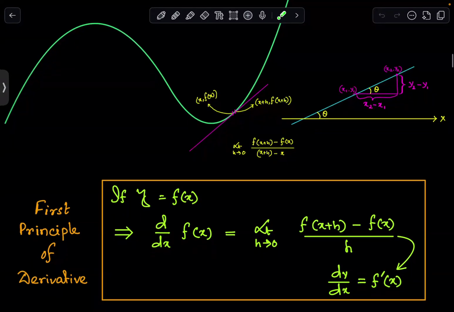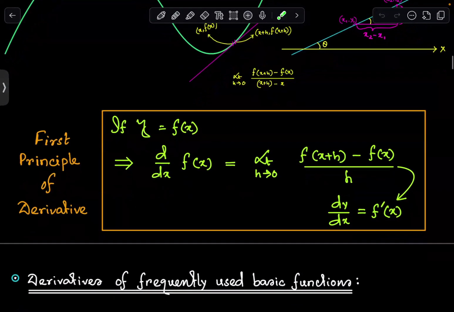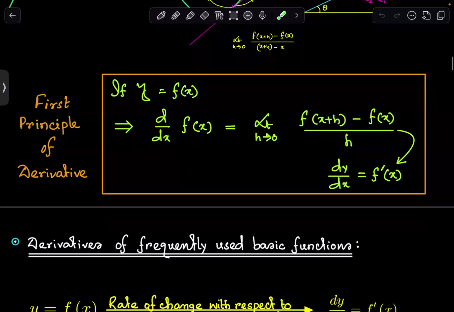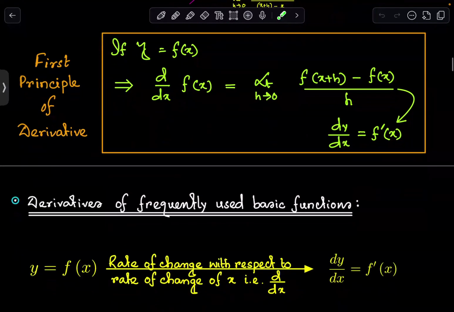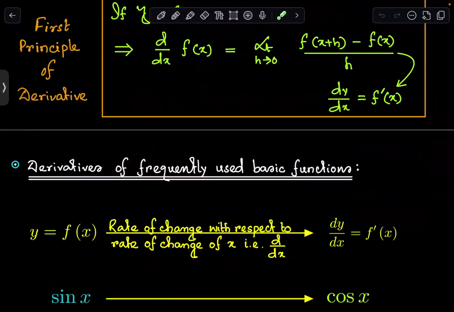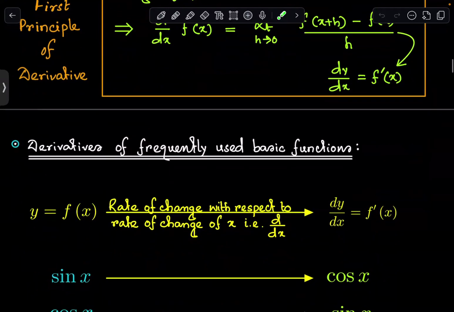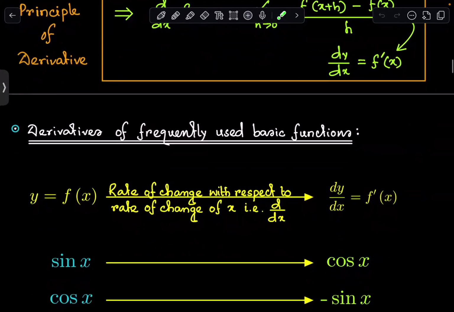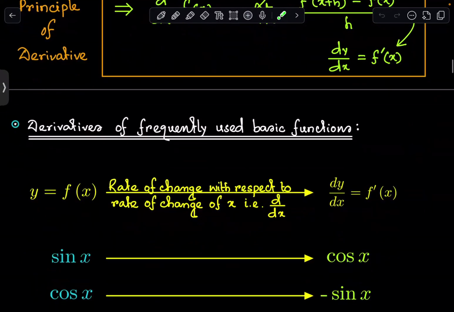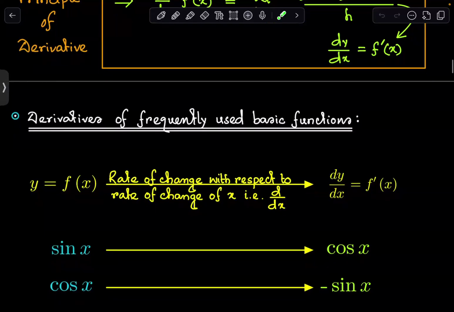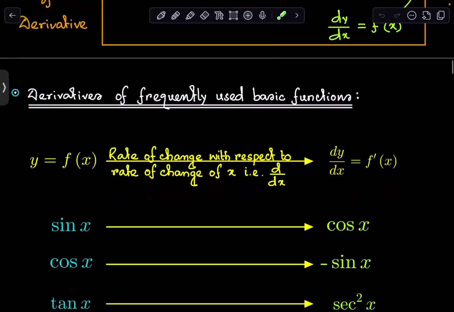Now, ahead of this, we will go for derivatives of some frequently used basic functions. This is the list of some primary functions and their rates of change. The first column is for the function, and if we find their rate of change with respect to x, that is, if we apply the d by dx operator on these functions of x, what we get as dy by dx or f dash of x is written in the right column.